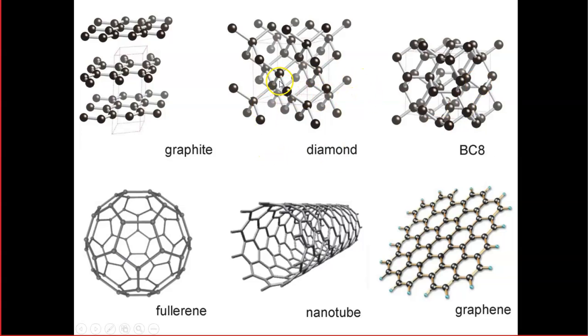So keep the picture fixed in your brain. I would like to show you a video and then proceed, so that if one picture is fixed in your brain, fullerene as a ball-like structure, nanotube as a tube-like structure, then graphene, then graphite, there will be less confusion.